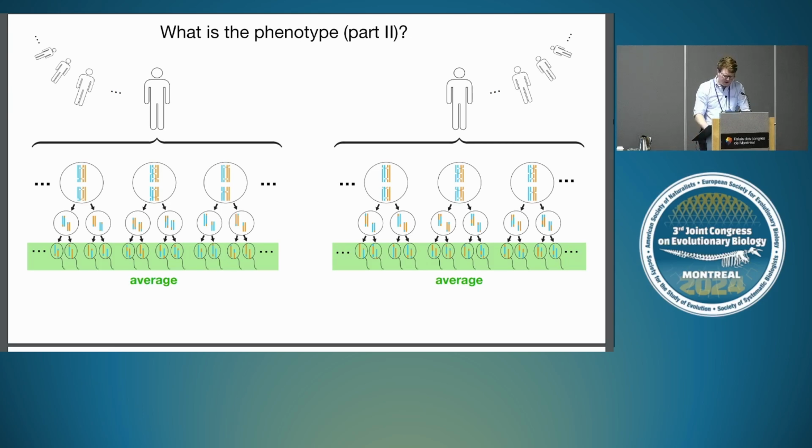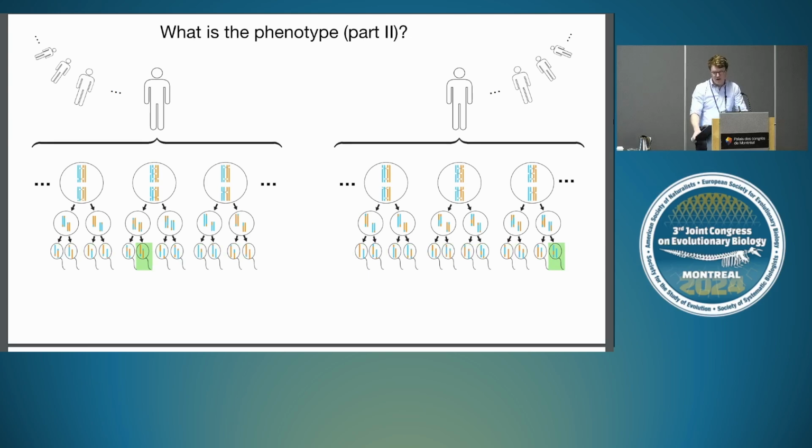I would argue that an evolutionarily more relevant phenotype is the number of crossovers in a randomly selected gamete from each individual. This is maybe easiest to appreciate in a low fecundity species like ours, where each individual is having 1, 2, 3 offspring.